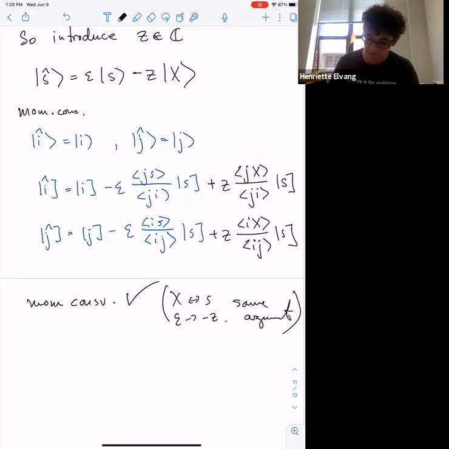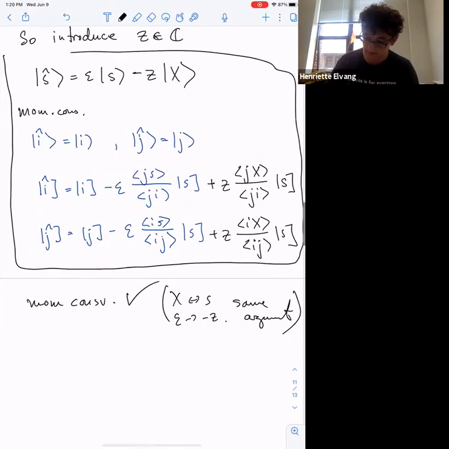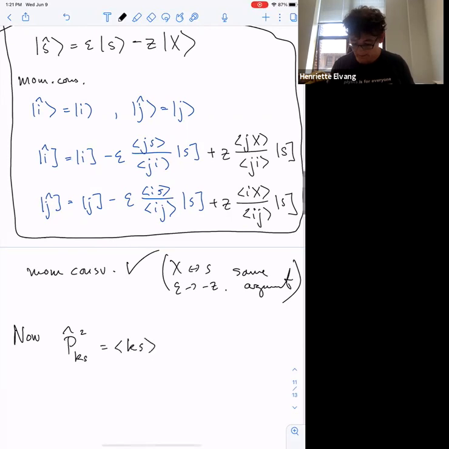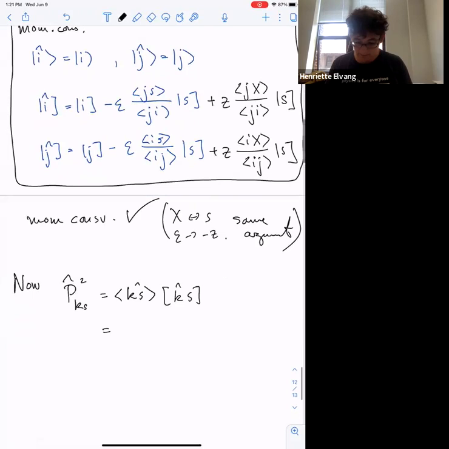Okay, so this here is going to be my kinematics. This will define my kinematics. And what is the use of this? Well, now, when I look at the internal momentum P hat ks squared, I have ks hat and k hat s. Now I can remove the hat from the s square and from the angle k, because there will never be one. And what you end up with is then epsilon times ks, just as before.